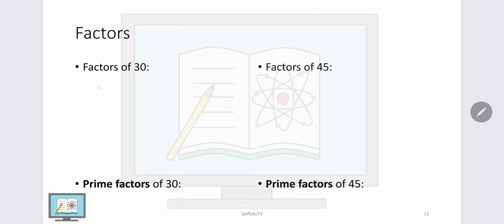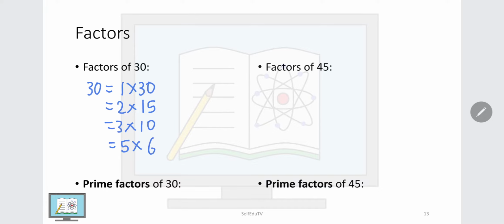So how to list factors? For example, factors of 30. I can write it as 1 multiplied by 30, 2 multiplied by 15, I will get 30 also, 3 multiplied by 10. 30 is indivisible by 4, so I proceed to 5. 5 times 6.